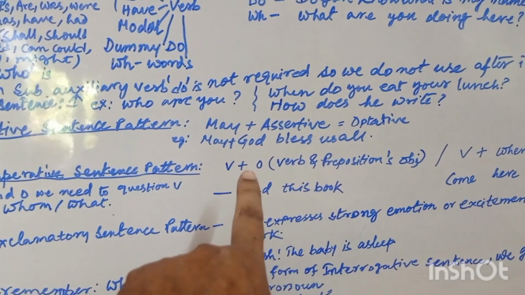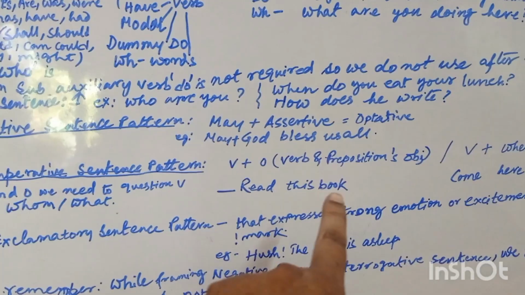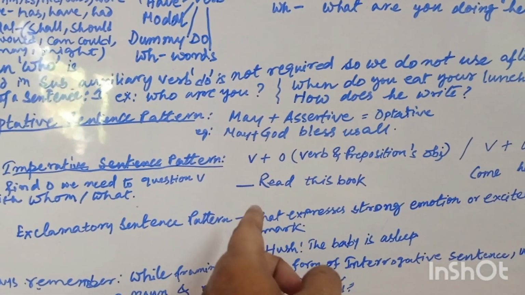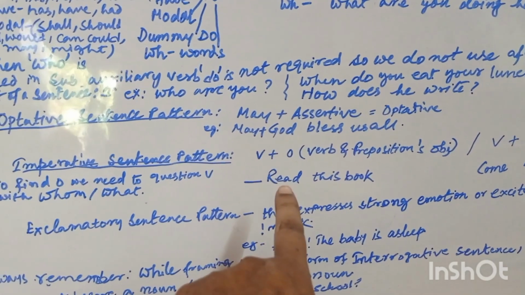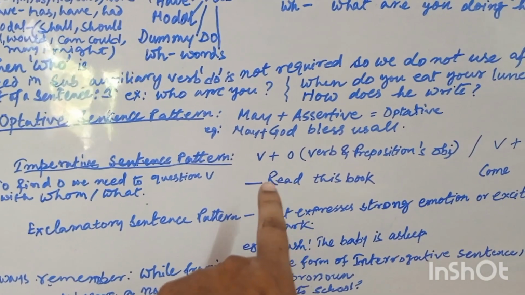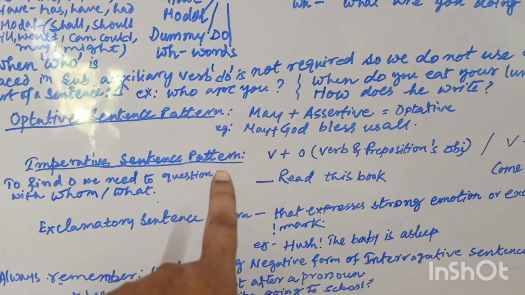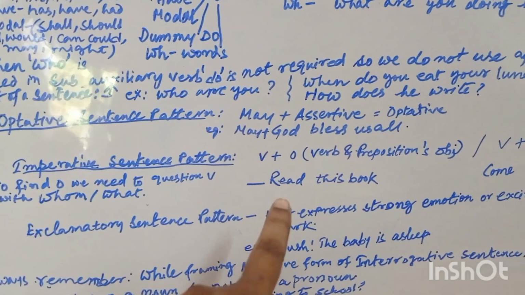So this is the object part of this sentence. If I say read this book, I'm trying to mention that you read this book. Although I have not written you, it is hinted that you read this book. So the subject will not be mentioned directly in the imperative sentence pattern.